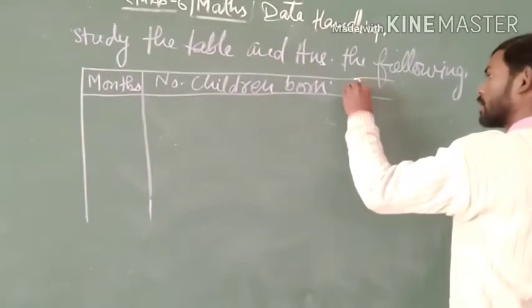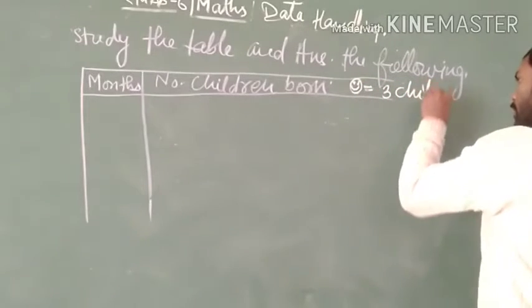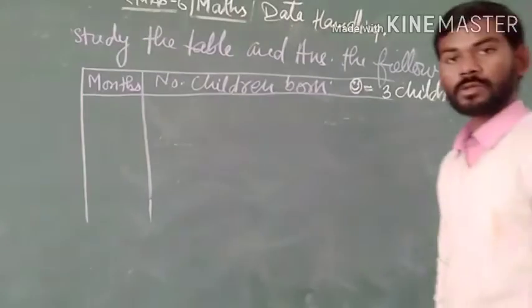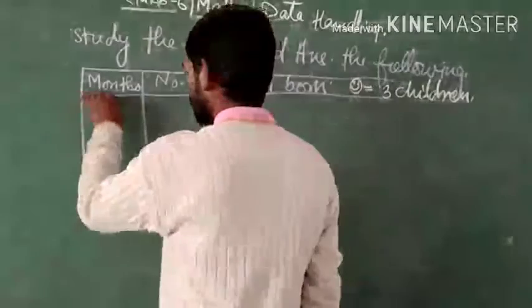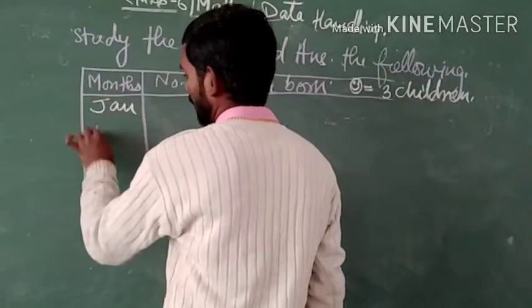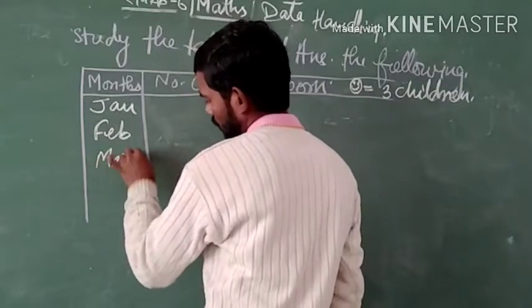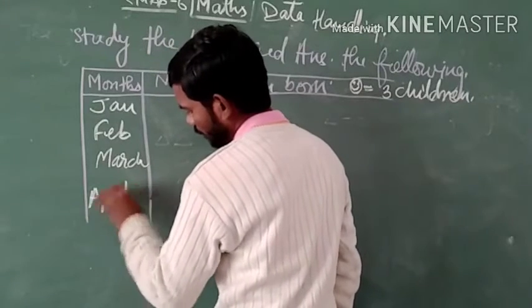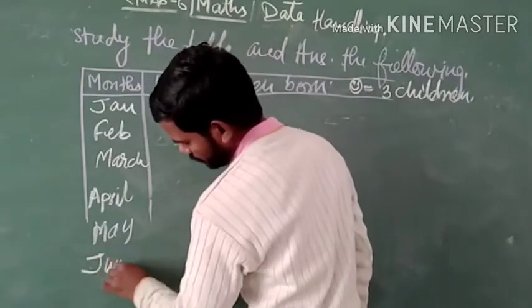One smiley is equal to 3 children. And here January, February, March, April, May and June.